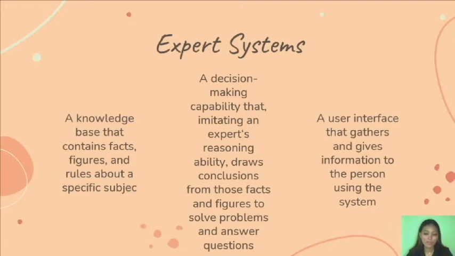Next is a decision-making capability that, imitating an expert's reasoning ability, draws conclusions from those facts and figures to solve problems and answer questions. Lastly, it is a user interface that gathers and gives information to the person using the system.